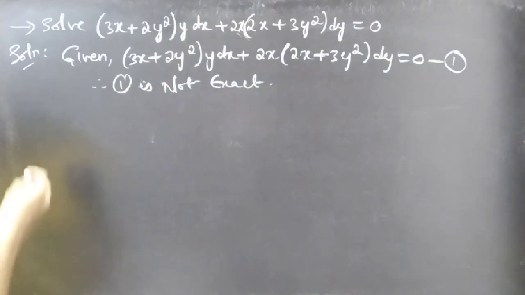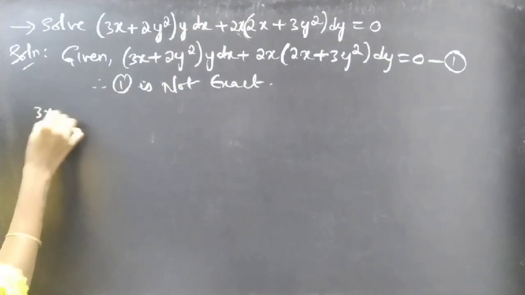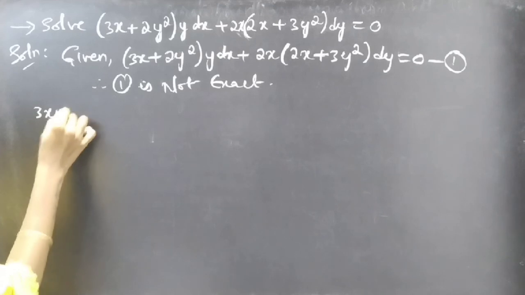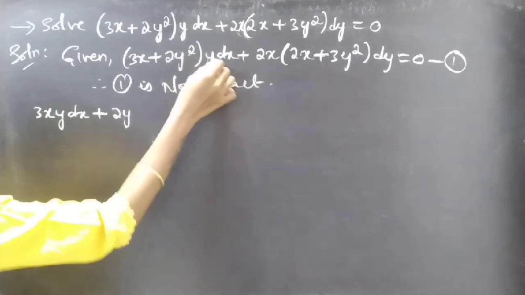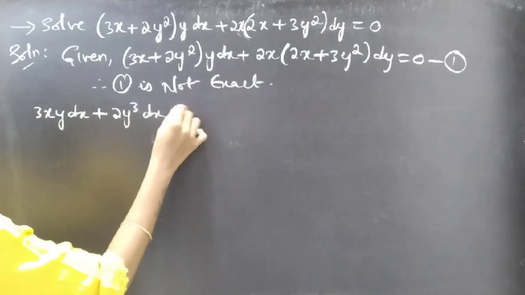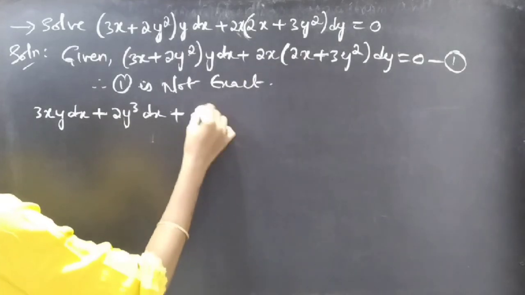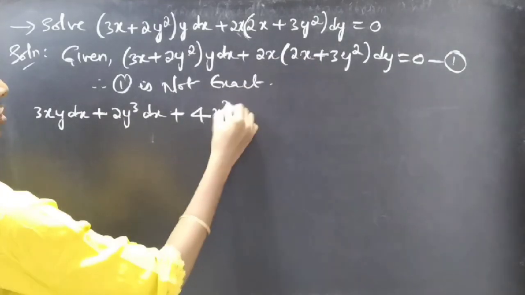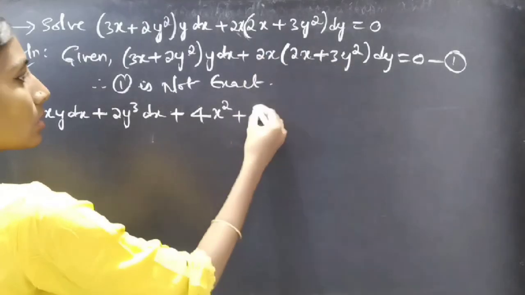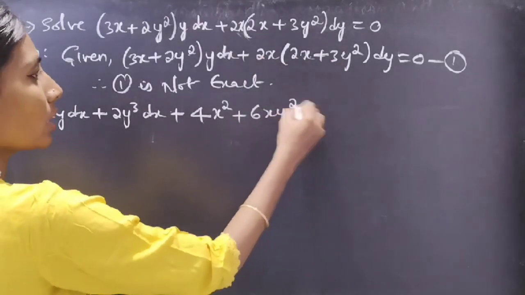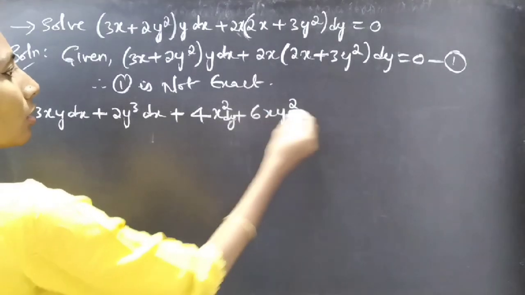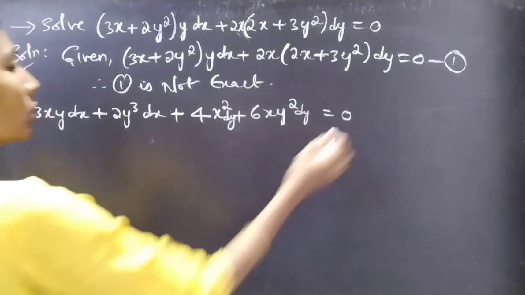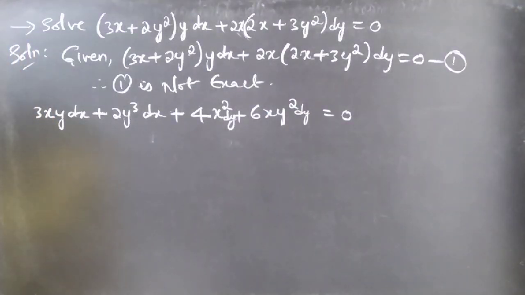And we can write the given differential equation as 3xy dx plus 2y square into y is y cube dx plus 2 2s are 4 x into x square plus 2 3s are 6 x y square, so you'll get dy here, into dy equal to 0, right?